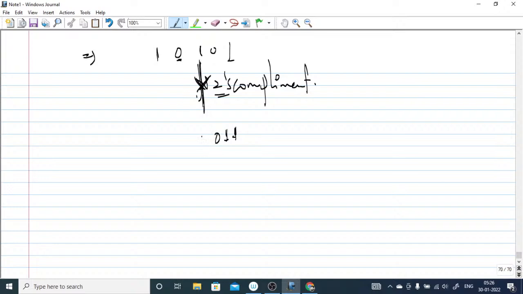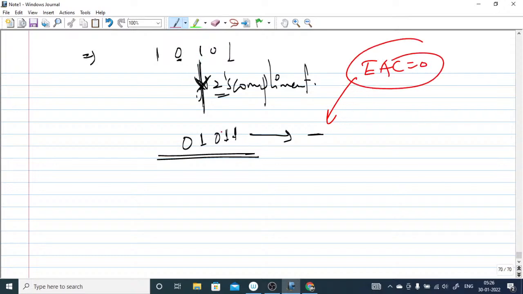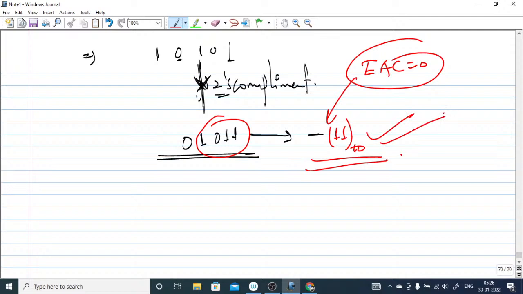And this will give you 1, and this will give you 0. Now you can convert this as, after all, this is negative, as we come to know that EAC is 0, it means this is a negative number, and you can convert this in decimal, that is 10. Okay, so it is a very easy concept. Please keep in mind, if EAC is 0, it means that the result is negative, and you have to take the 2's complement again.